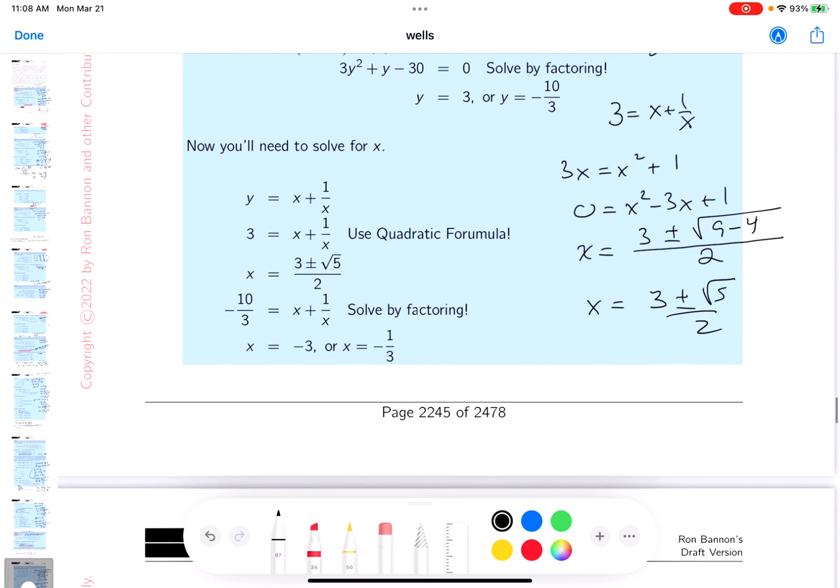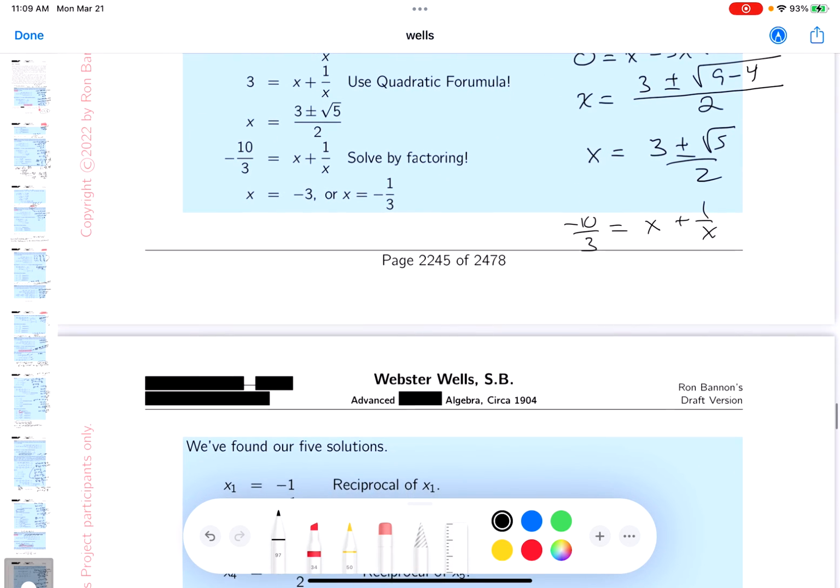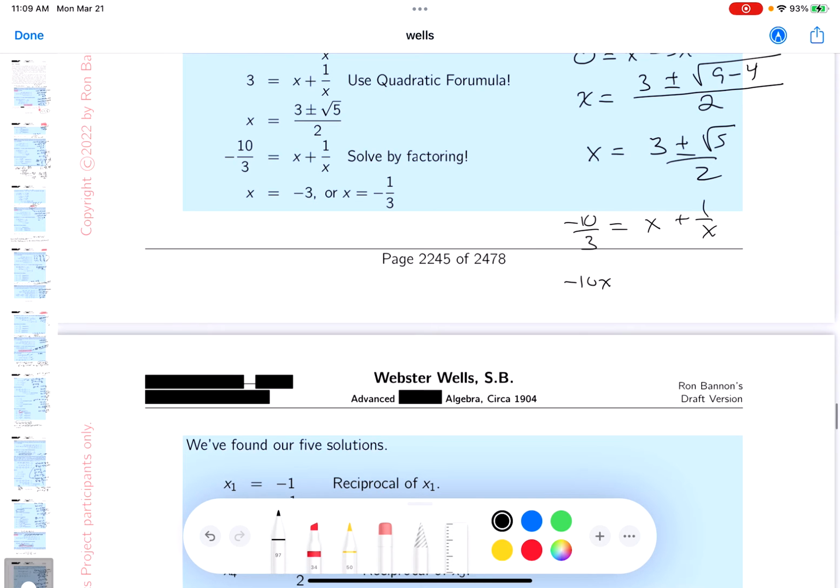Now let's do the minus 10/3. And what's that going to equal? x plus 1 over x. Multiply both sides by 3x. You get minus 10x, 3x squared, let's see, plus 3. Boy, it seems like deja vu all over again.